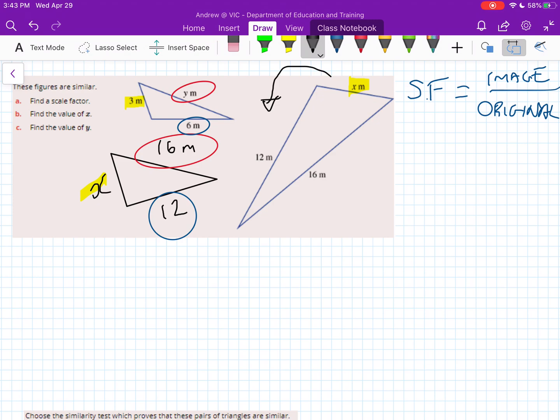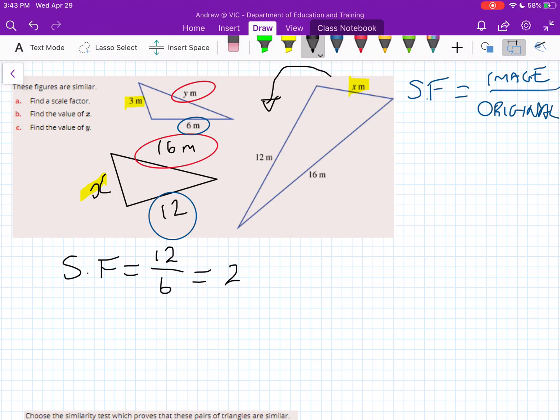It doesn't actually explicitly say in this, but we will. The second one the image, so our scale factor is going to equal our image value, which is 12, over our original value, which was 6. Okay, so our scale factor is 2. Everything is going to be doubled.